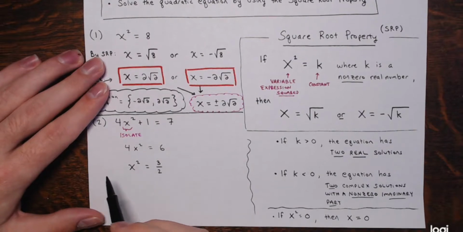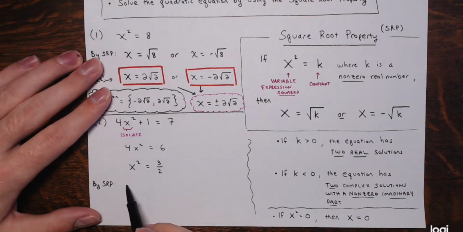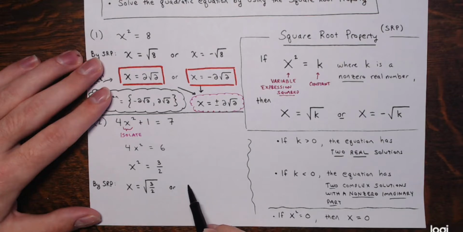Alright, and then by the square root property, the SRP, x, the expression being squared, must be either the positive square root of 3 halves or the opposite of that, or x equals the negative square root of 3 halves.